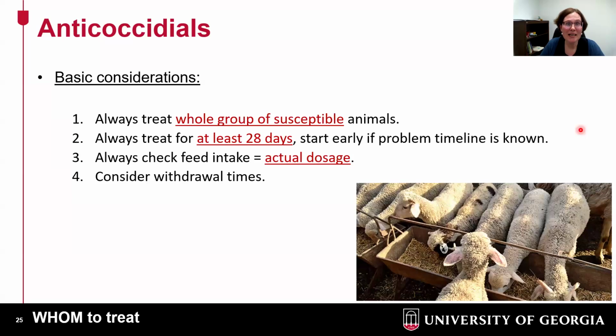Okay, so just to summarize how to use your anticoccidials. Once you determine the time point and you determine a good anticoccidial to start with, the substance that you want to choose, it makes sense to always treat the whole group of susceptible animals because of that black box scenario.